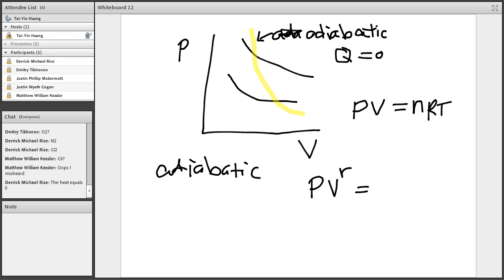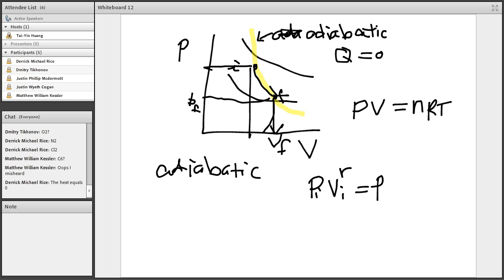It means that, say, initially you're at point I, and then go through an adiabatic process to this point, that's your F. Then your PI, the value here, and VI to the gamma is equal to your PF, and then this is your VF. So you will have PI VI to the gamma is equal to PF times VF to the gamma.